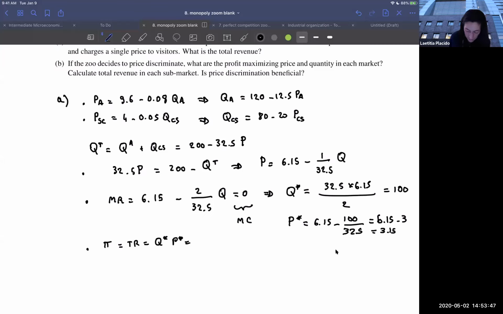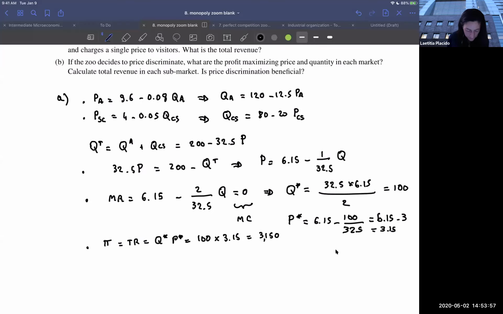So that's 100 times 3.15, which is 315. All right, so we have the value for a monopolist which doesn't price discriminate.